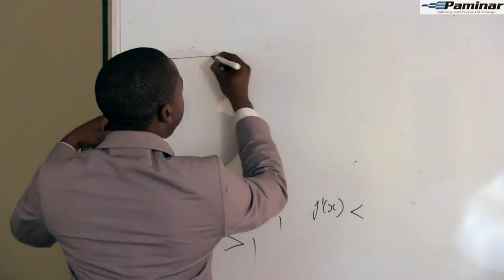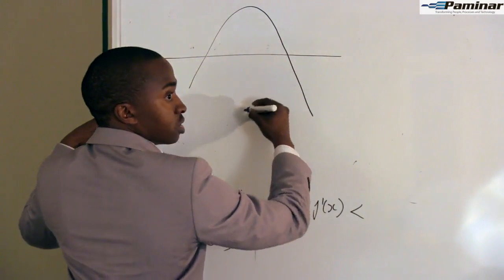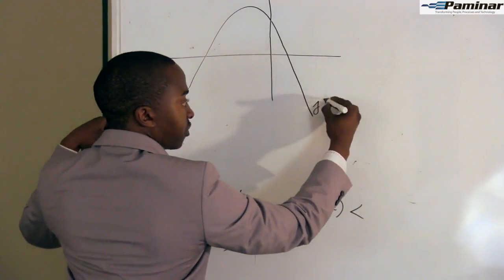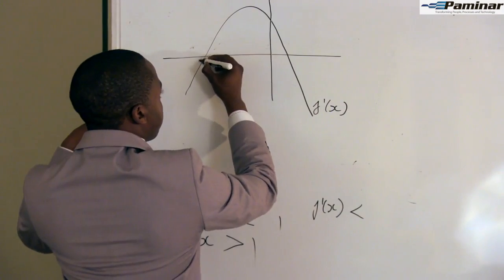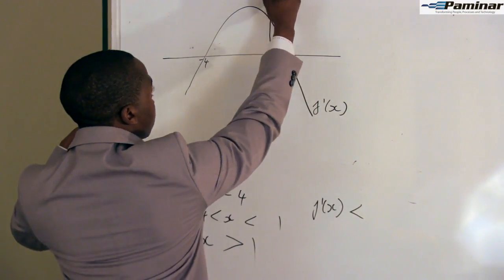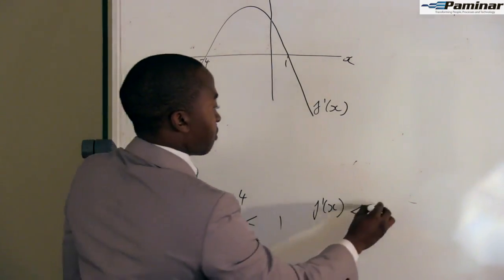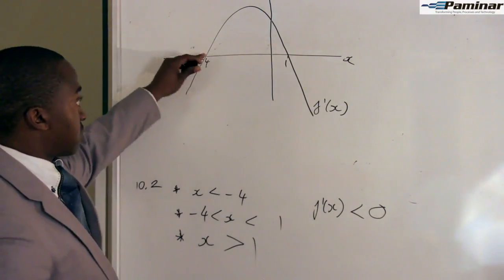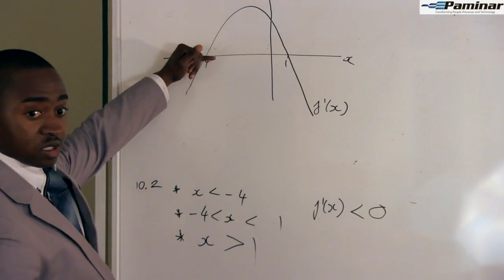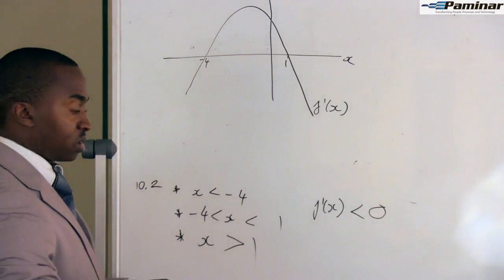This curve here we're referring to as f prime x. This point here is -4, this point here is 1. That's your y, that's your x. Where is f prime x less than 0? Let's look at x less than -4. It is this part, where it's below.